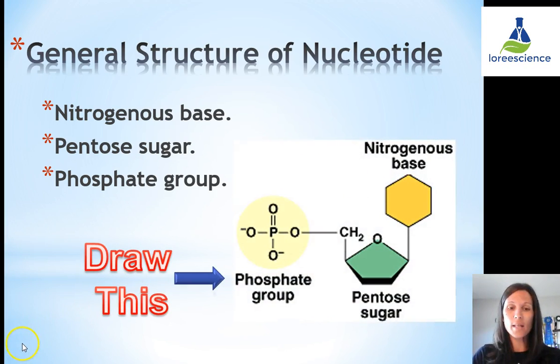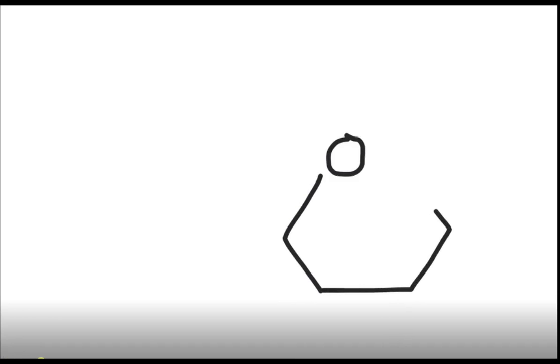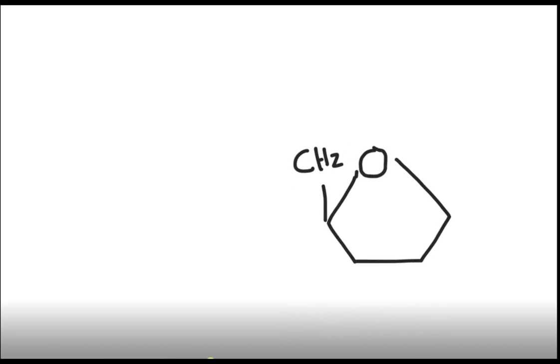So let's take a quick second, make sure that we can draw this structure. When we're drawing a nucleotide, we start off drawing the pentose sugar. So we start with the oxygen at the top, 5-sided ring structure. It's through this structure that there is another carbon coming out, which attaches to the phosphate group. Remembering that a phosphate group attaches through an oxygen.